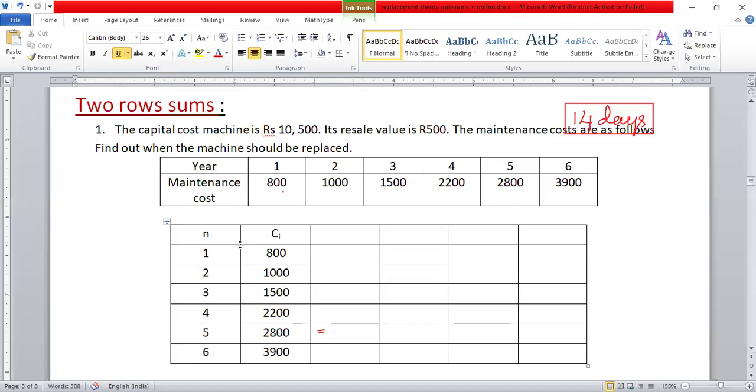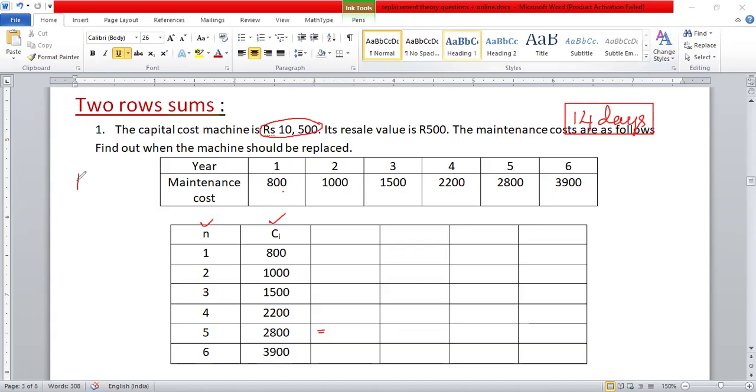Please copy that question. The capital cost of a machine is rupees 10,500. Note that in a 2-row sum, n and C_i are always given, and we write the table. That is for summation of C_i only.